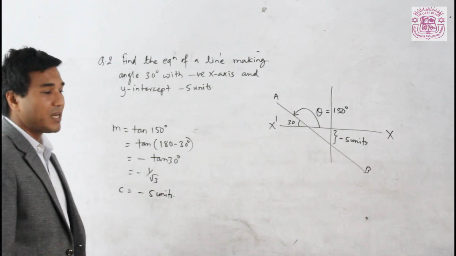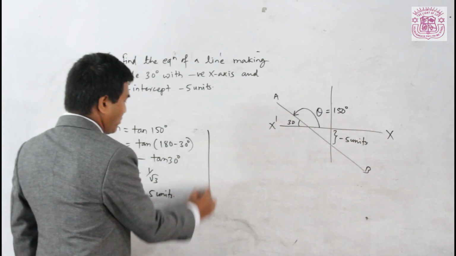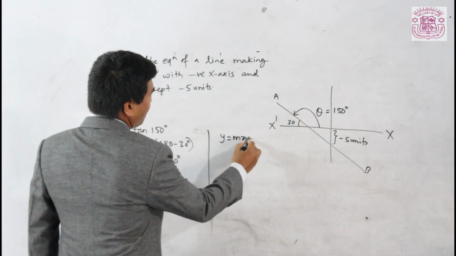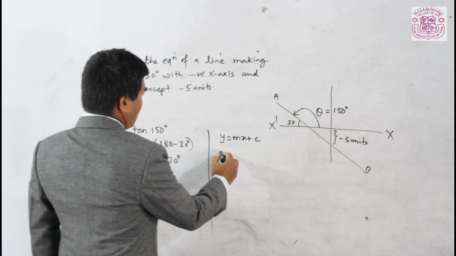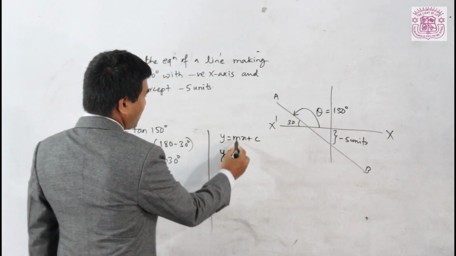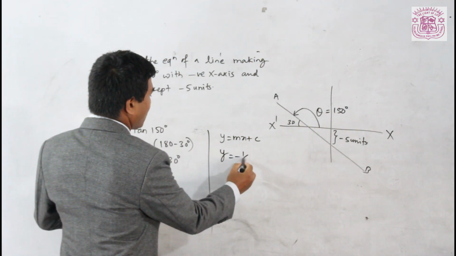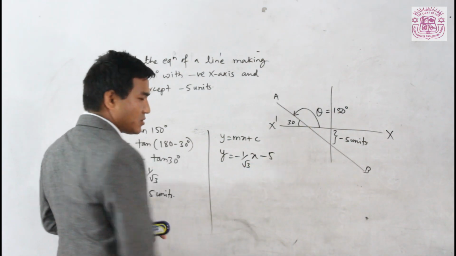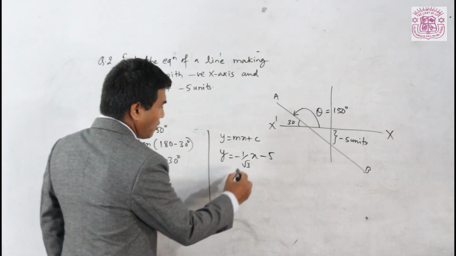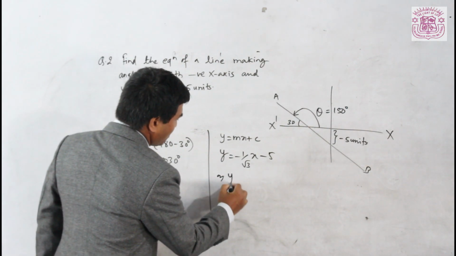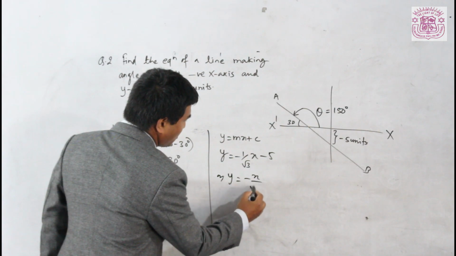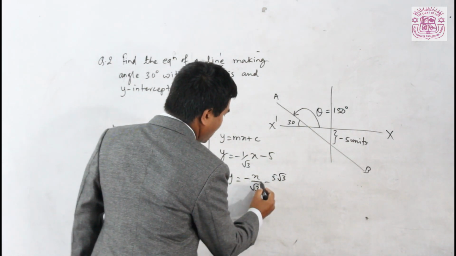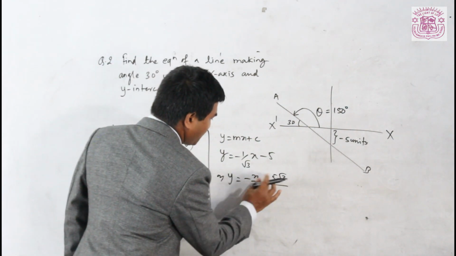Now we can find the equation of the line. We have the formula y equals mx plus c. So y is as it is, the value of slope is minus 1 by root 3, x is as it is, and the value of c is minus 5 units. First of all we can take LCM over there. So y equals minus x by root 3 minus 5 root 3.